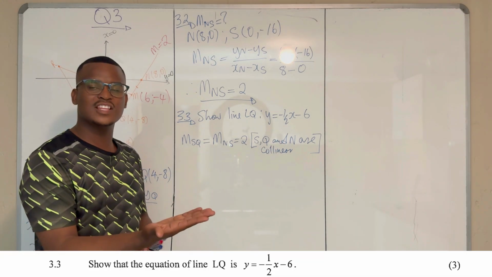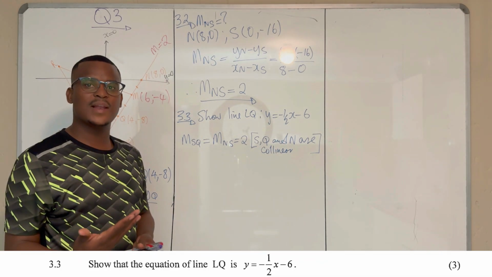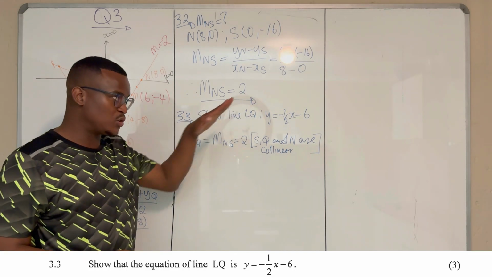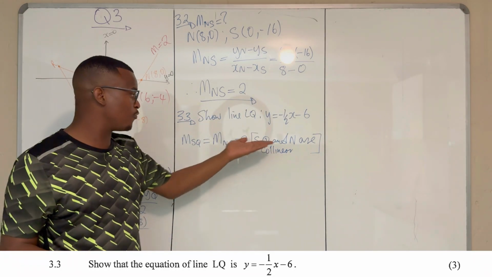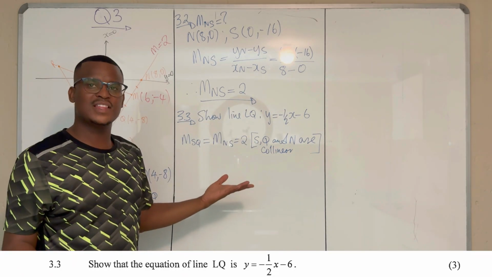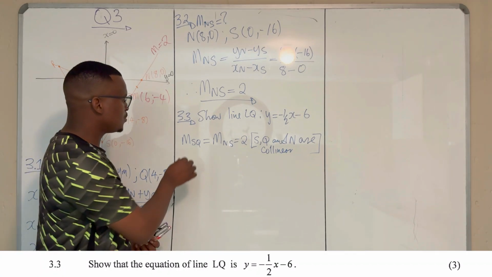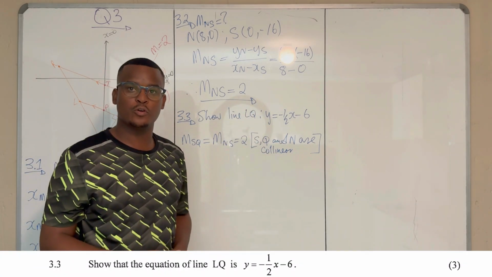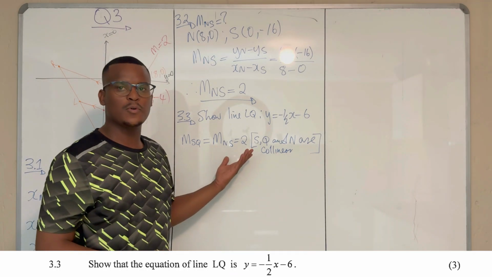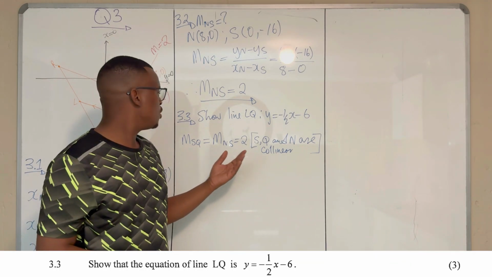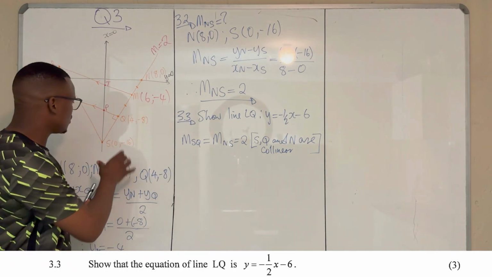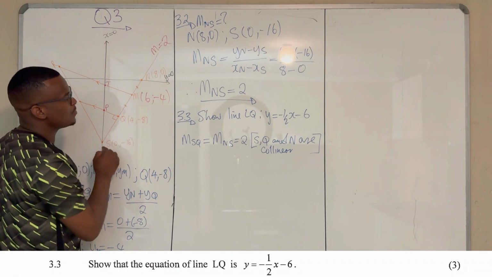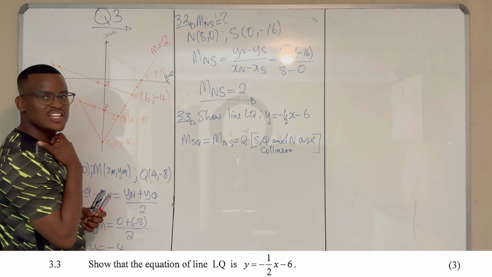If they fall on the same line, the gradient between any 2 of those points will come out the same. So the gradient of SQ is the same as the gradient of the entire line, because all of those points are collinear.